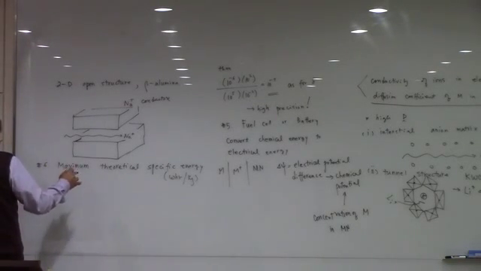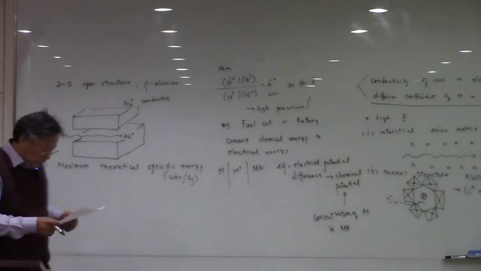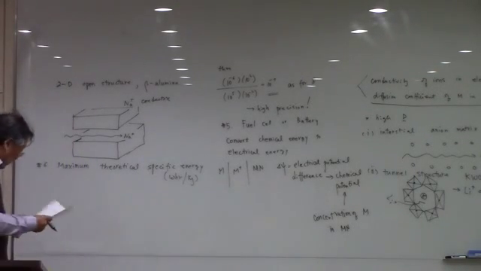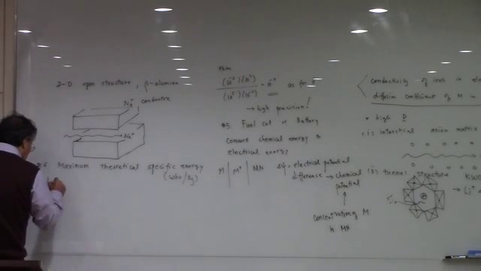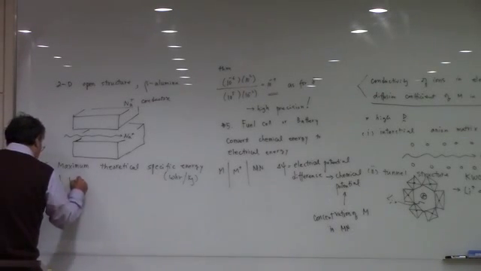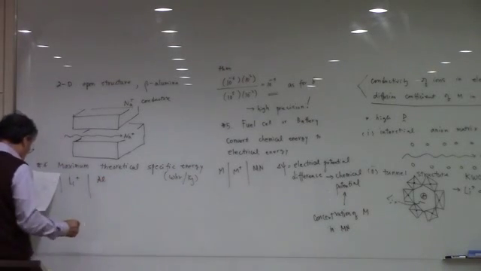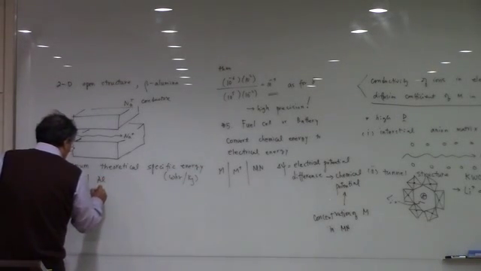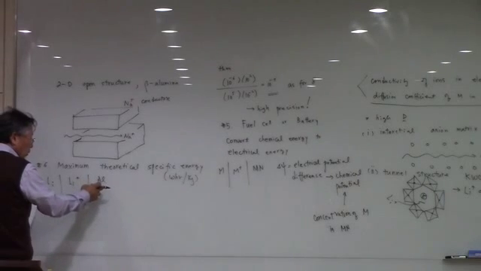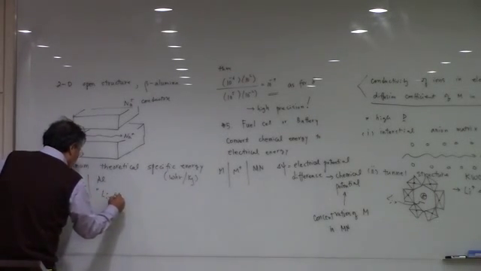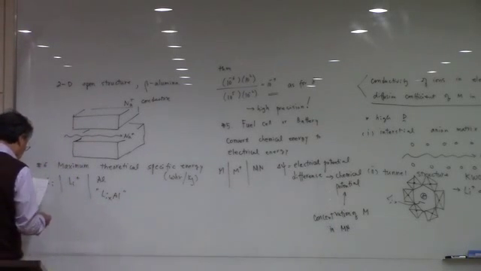We can have this. And if we have lithium-ion conductors and aluminum, and we are going to insert the lithium into aluminum so that we make a LiXAl system like this, okay?